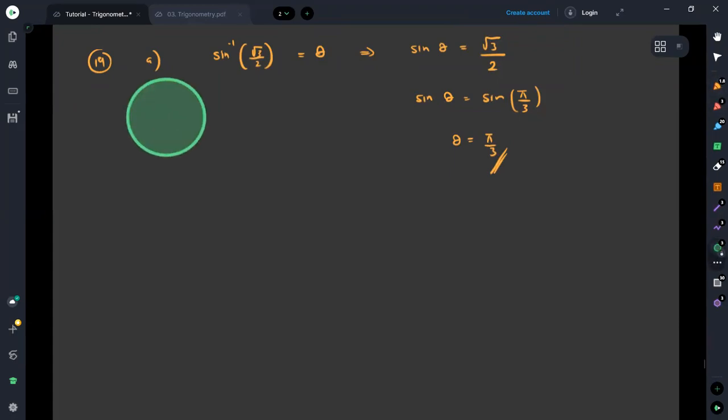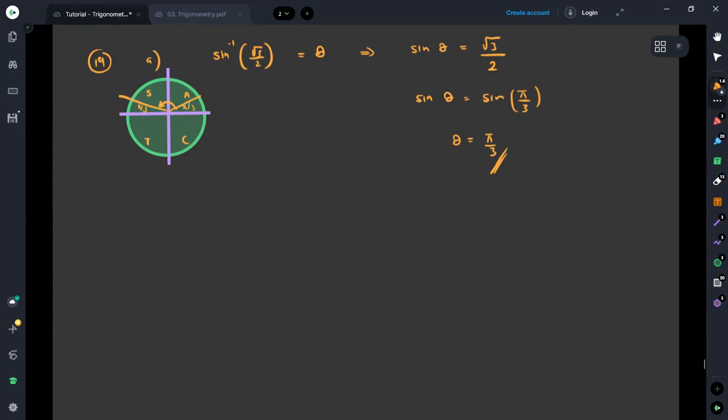Based on the quadrant rule, in the first quadrant all of sine, tangent, and cosine are positive. If theta is π over 3 in this direction, the value is positive. Or if it is in this way, the angle is 2π over 3, which again gives a positive value.